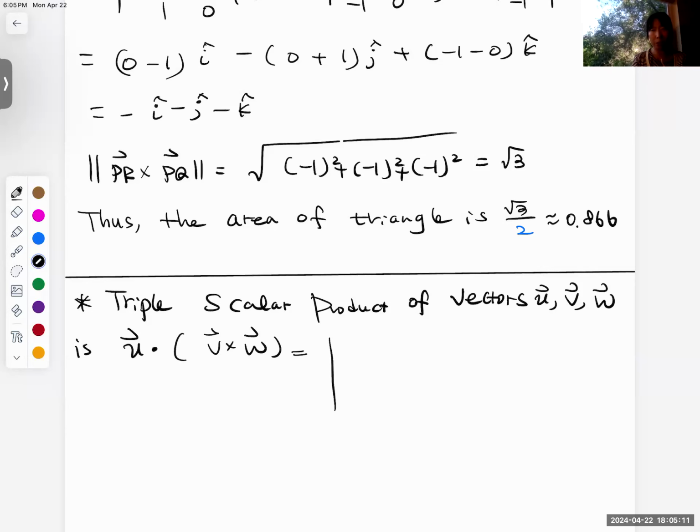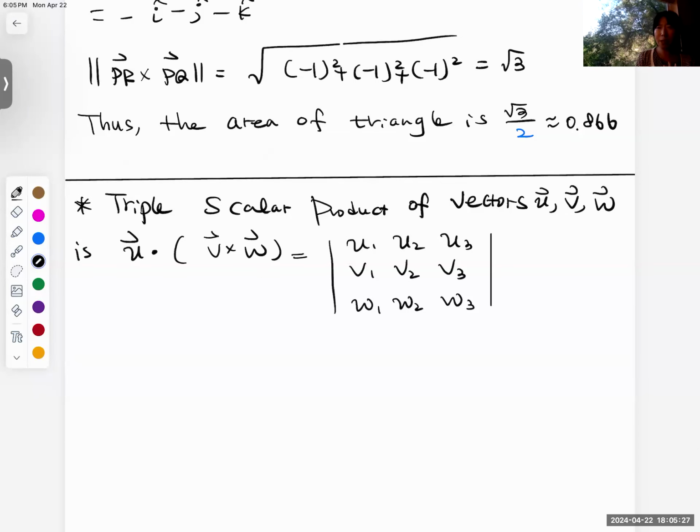We can write down this format, which is u sub 1, u sub 2, u sub 3, and v sub 1, v sub 2, v sub 3, w sub 1, w sub 2, w sub 3. Okay, so this one, same as ijk, we can write down this way: i times u sub 1, minus j times u sub 2, plus k times u sub 3, right?